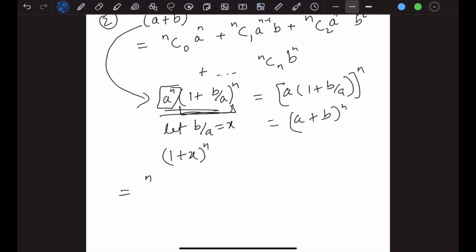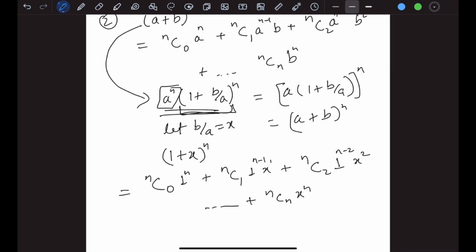Okay. Now, if we expand this using binomial theorem, what we get is nC0 a to the power n. Here a is 1, so it will be 1 to the power n, which is 1, plus nC1 1 to the power n minus 1 x to the power 1, plus nC2 1 to the power n minus 2 x square, plus all the way nCn x to the power n.